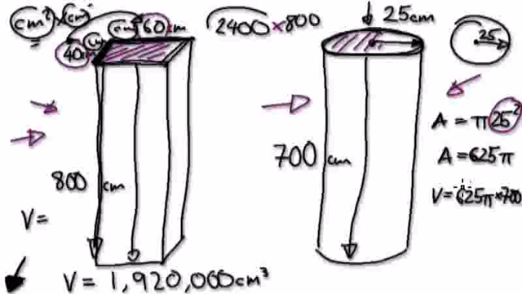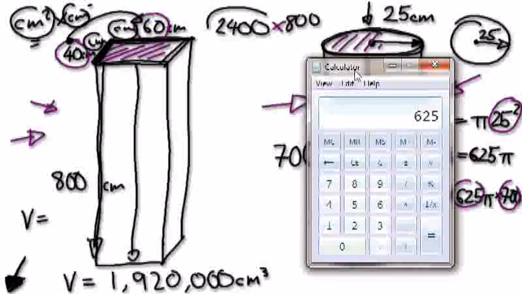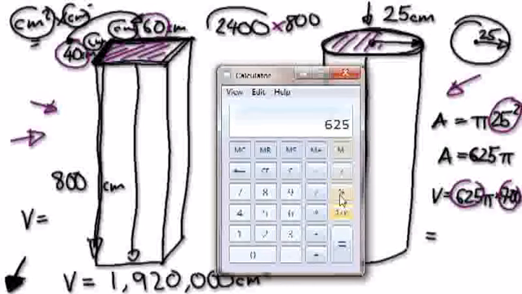So let's merge this and this together first. So that will be, hang on, 625 times 700. We are just merging the two numbers together for the time being.